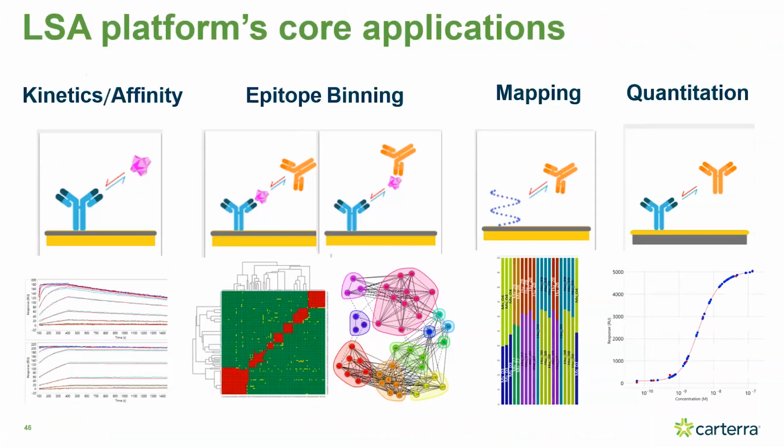So this architecture makes the LSA really ideally suited for some of the core applications in antibody characterization, those being kinetics and affinity analysis, competition-based epitope binning, peptide or mutant mapping, and quantitation.